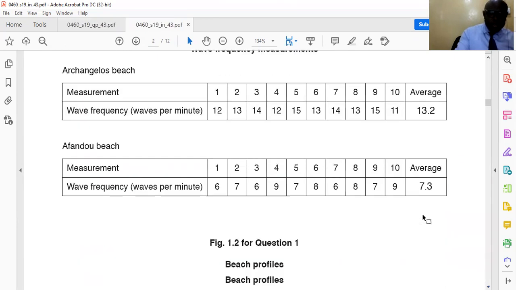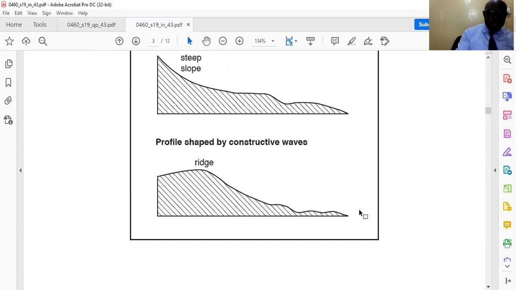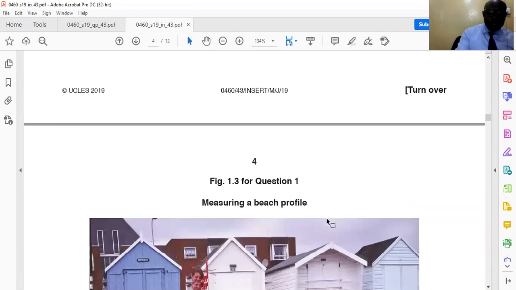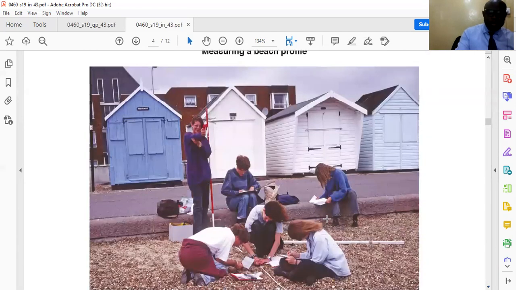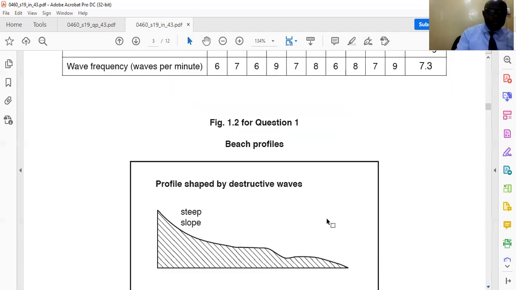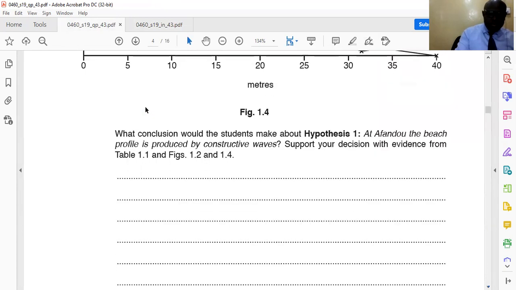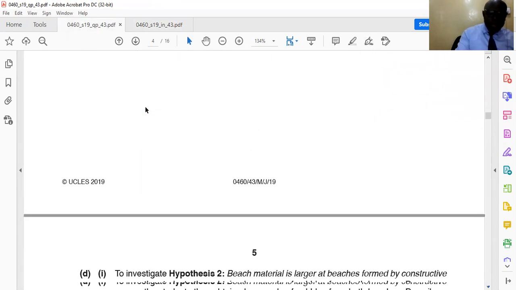Look at the shape, it's just like this, with that figure that we got.